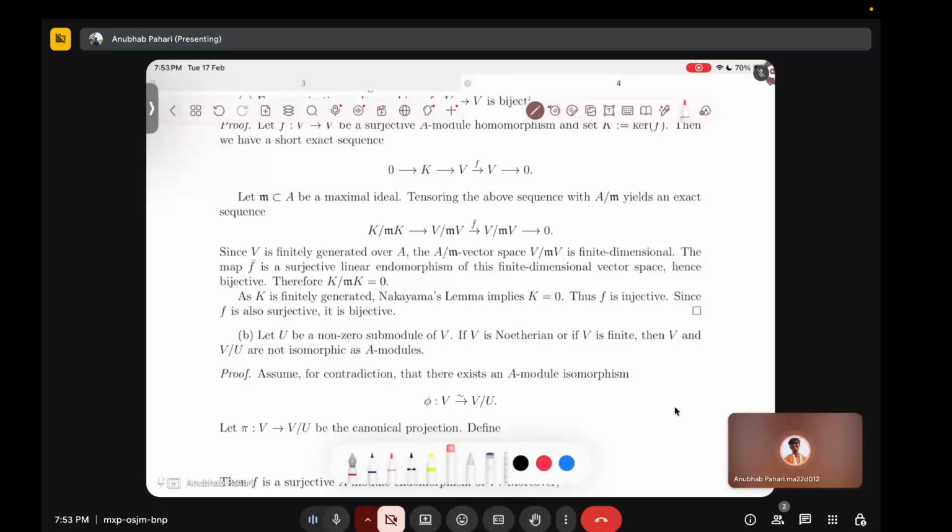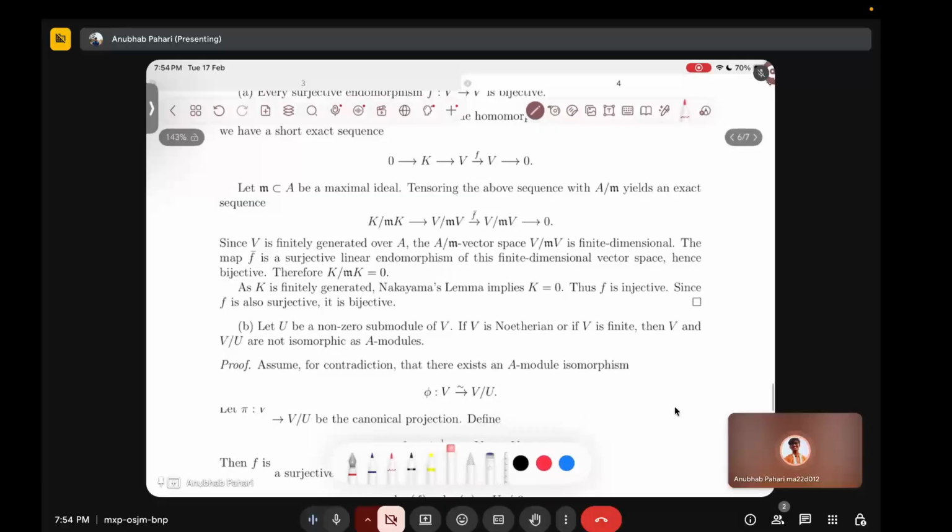Hence, it is bijective, right? You know that a surjective linear transformation between two same dimensional vector spaces is bijective. Therefore, f bar is bijective. Therefore, K mod MK is 0. And as K is finitely generated, Nakayama's lemma implies that K equals 0, right? And thus f is injective, and since f is also surjective, it is bijective.